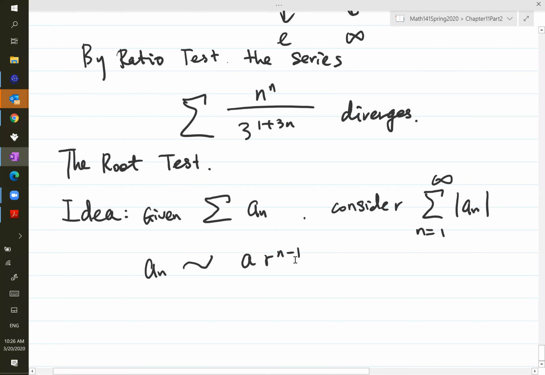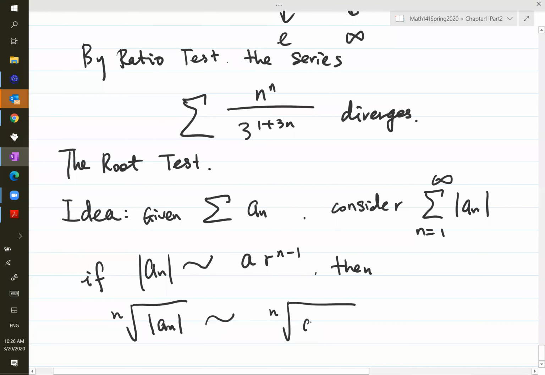Then the nth root of the value of a_n should be comparable with the nth root of a r to the power n minus 1. Here a and r are fixed.